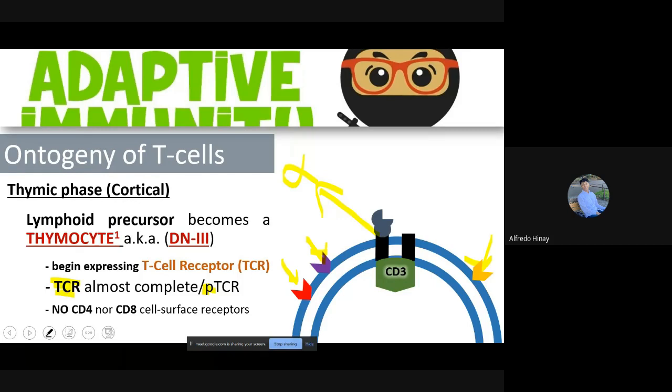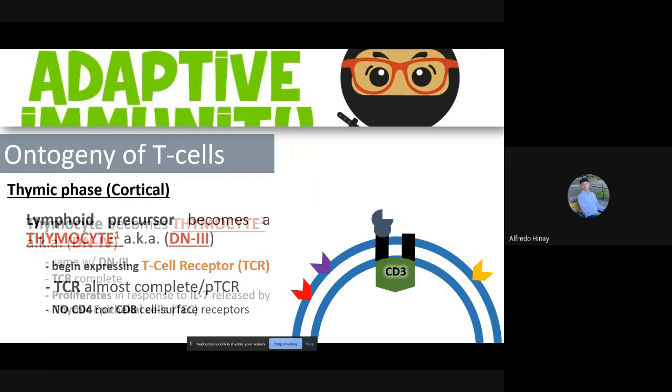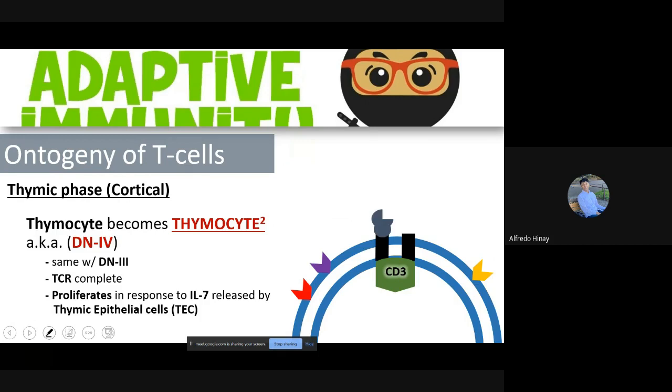Okay? So syempre, incomplete or partial pa man siya, class. Then therefore, the next stage should create the beta na already. So you have your DN4. So here, class, same daw lang siya with your DN3. However, with the DN4, may complete na tayo na TCR. Then this one will be your beta na, class.